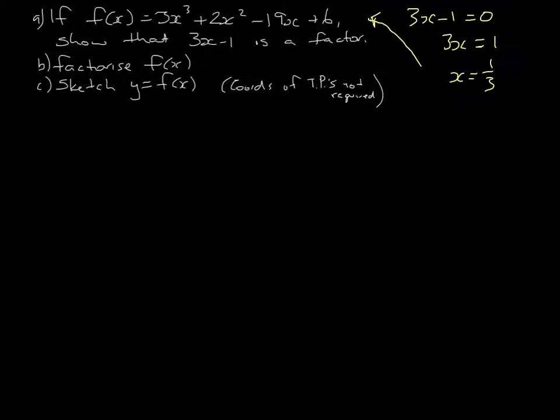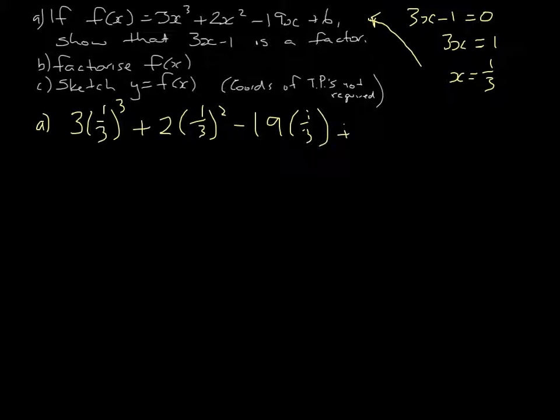If we've got, for part A, 3 by 1/3 cubed plus 2 by 1/3 squared, take away 19 by 1/3 plus 6, and go through this.